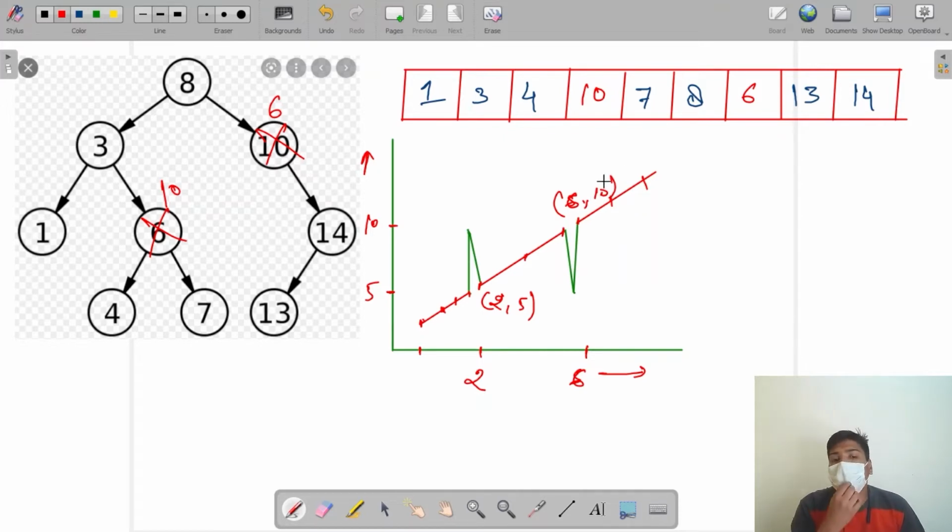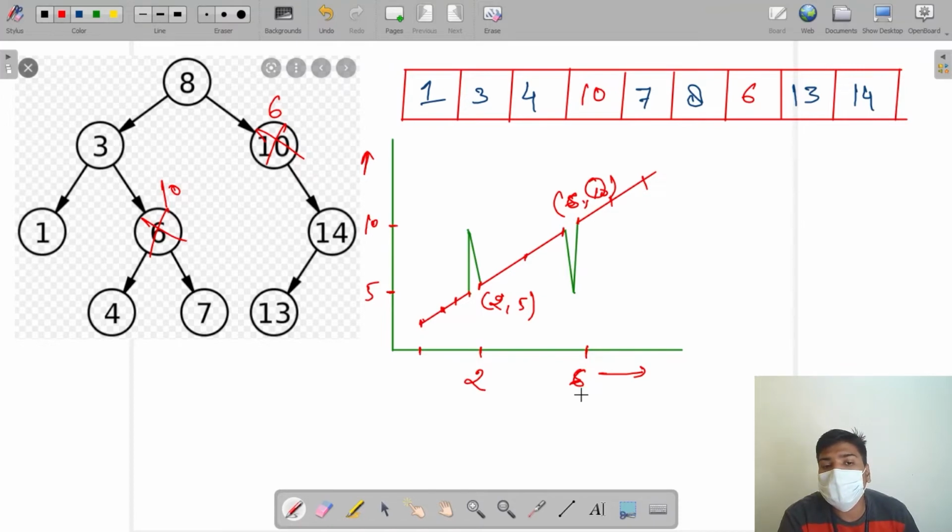So now what change has happened? This 10 was the y index. Now the y index is being shifted, and the x index is the same here. Earlier x was 6 and right now also x is 6, so the x index is not changed, but my y is changed.